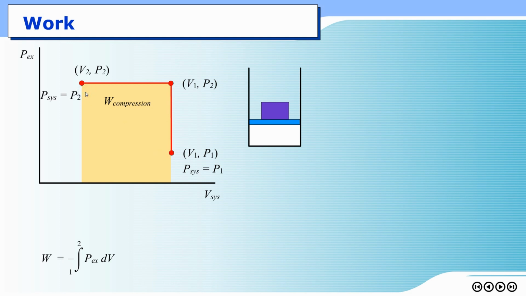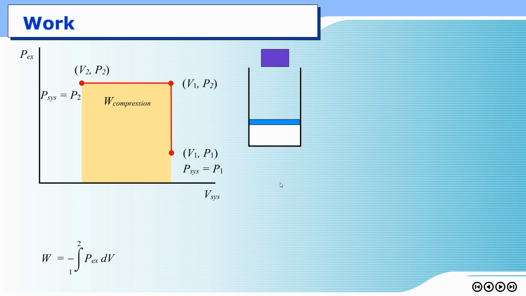Here, pressure inside and outside are also the same, but equal to P2. Here, they're not the same. So you can imagine this point as a transition point where the pressure inside the system and the pressure outside the system are not the same.